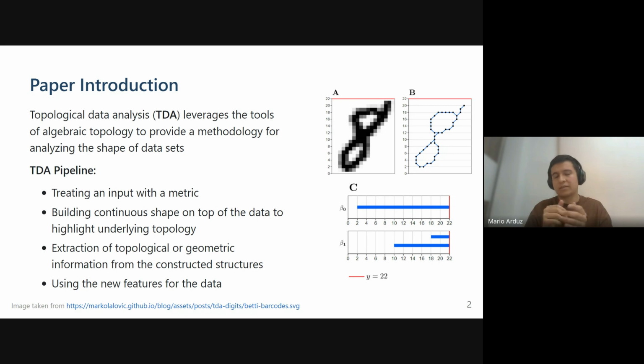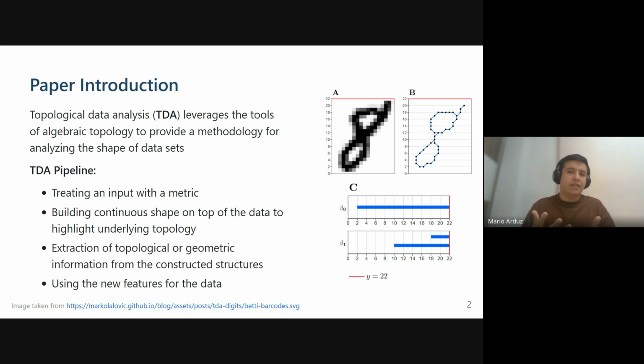We are going to review this later on, but we can see that beta 0 represents that all of the shape is connected by one line, but it also has two different holes, one at the top and one at the bottom. And this would be the characterization of this number that we could later use in a classification model as input features, to try to get a good prediction of what we are seeing in this image.